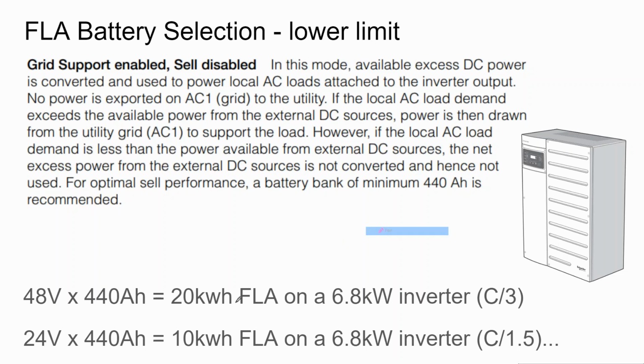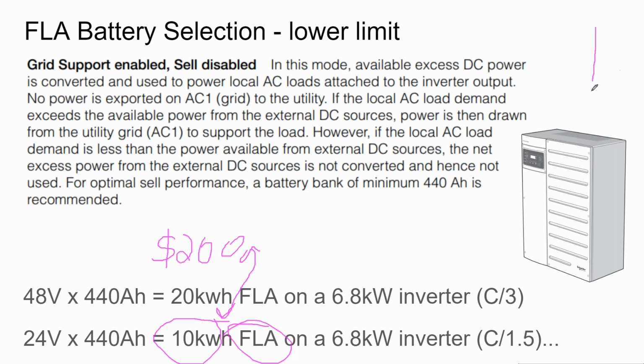If we're looking at 10 kilowatt hours of industrial flooded lead acid costing about $200 a kilowatt hour new, then you're looking at an added cost of about $2,000 in batteries. And then the battery inverter itself is more expensive than its batteryless counterpart. So you'd be looking at maybe a minimum cost of adding $4,000 or $5,000 to your contract in order to get a small battery added to the system.